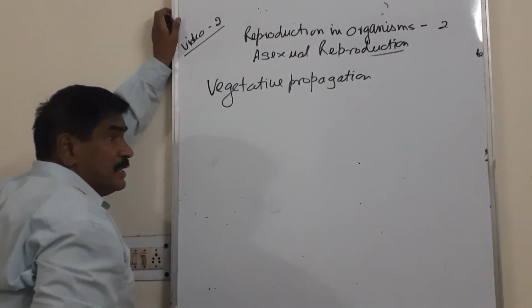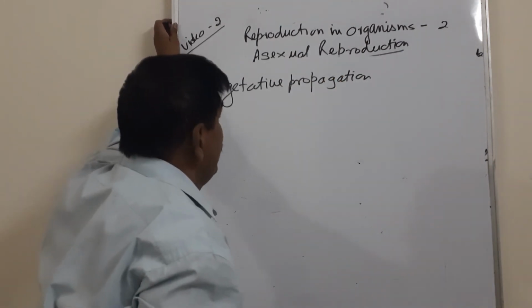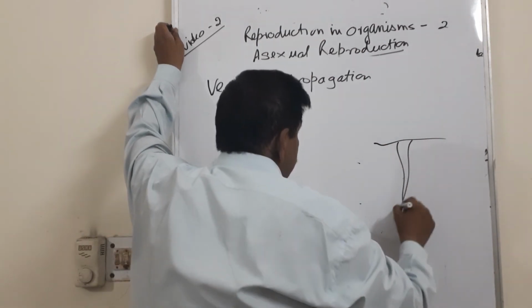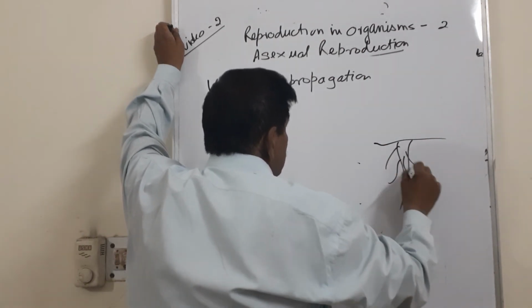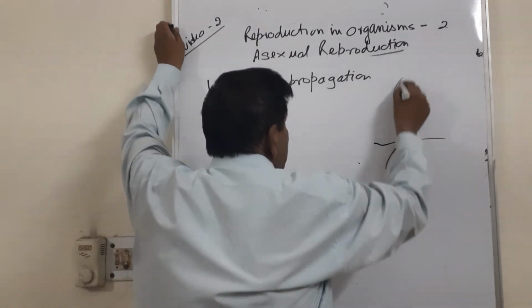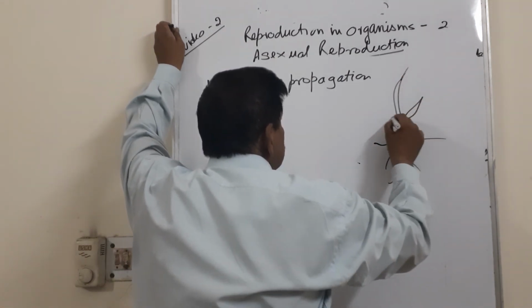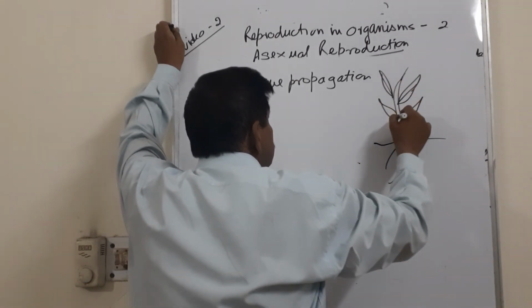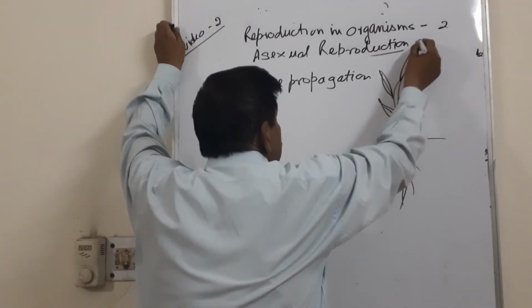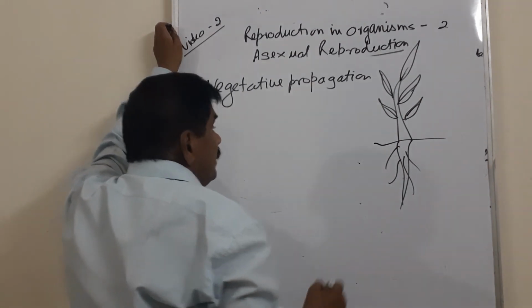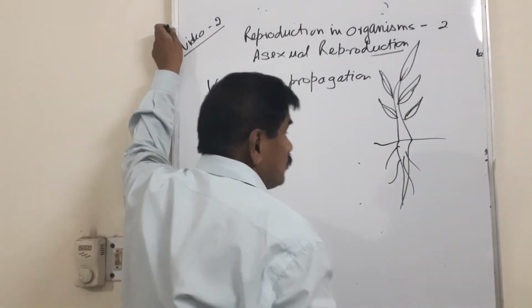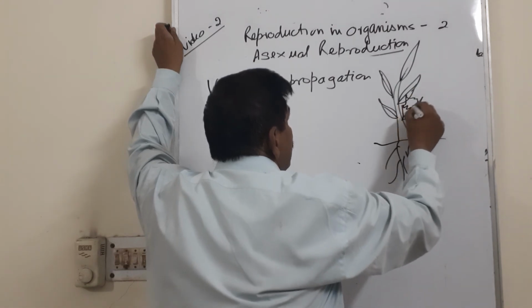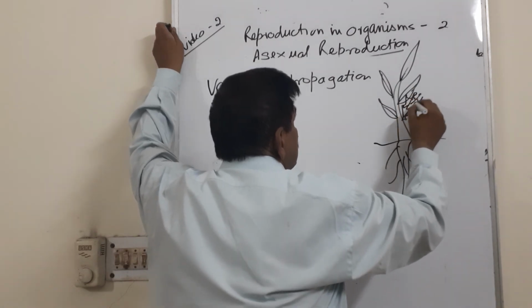You know, the plant body, that is the root, and that is the shoot. And when the plant is sexually mature, here is the flower formation. Flower.